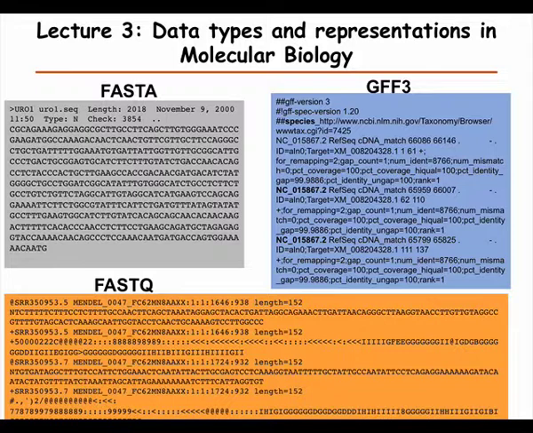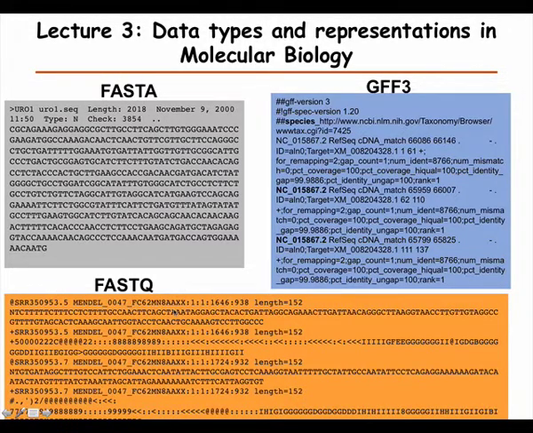You'll learn about the FASTA file, which represents sequences. You have a header line for each sequence, with an identifier and then a description, followed by several lines with the sequence. You can have repeated blocks like this throughout. This just gives you information about the sequence.